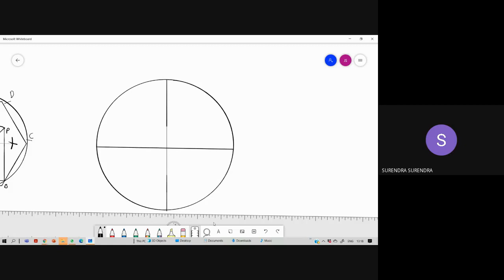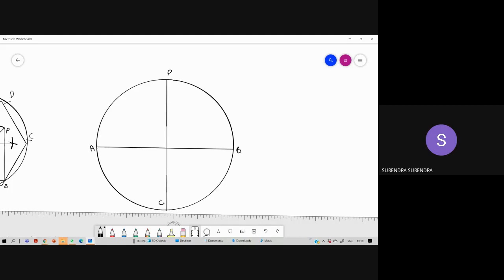Now if you want to divide this into 12 divisions, take compass, radius equal to radius of the circle. Suppose let the diameter ends be A, B, C and D. Now take A as center, radius equal to radius of the circle.